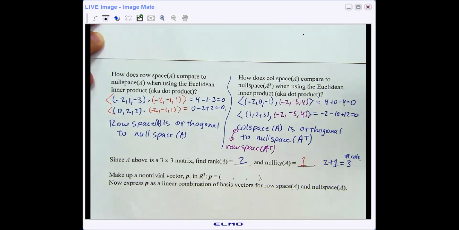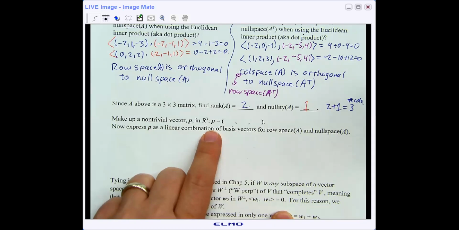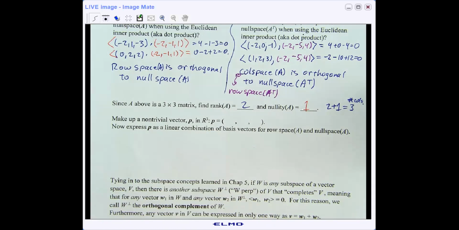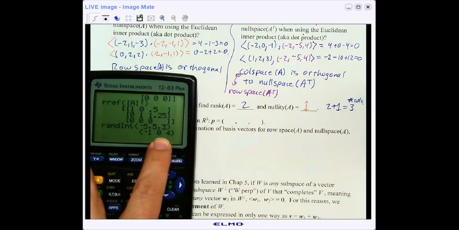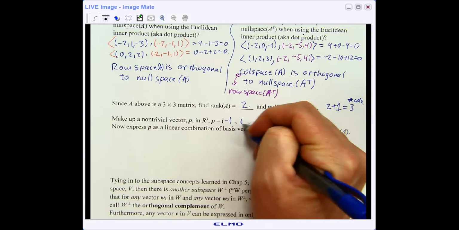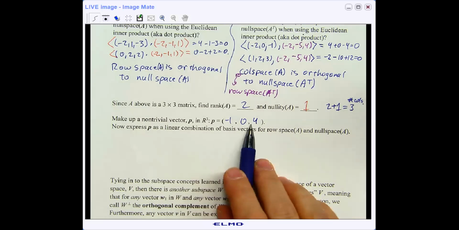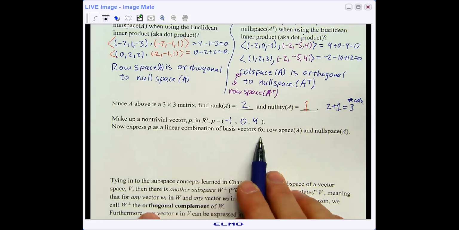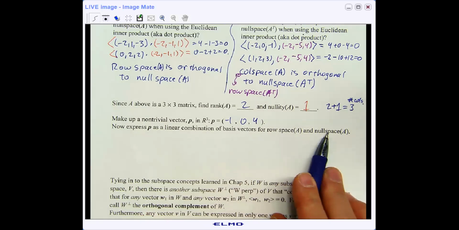Now, just to show one other thing here, let's make up a non-trivial vector P in R3. I had my calculator randomly generate some numbers between -5 and 5, and it generated the vector -1, 0, 4. What I want to do is express this P vector as a linear combination of the row space vectors and the null space vector.